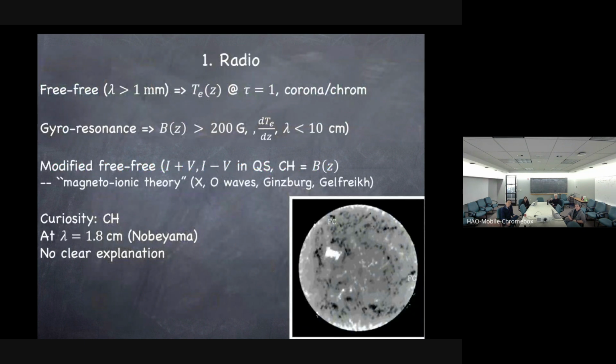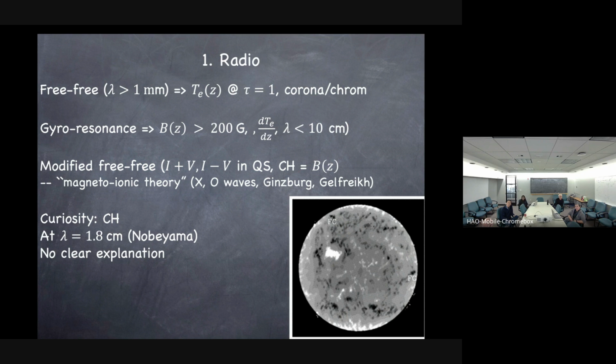In radio wavelengths, what have we got? We've got the components. Here we've got free-free emission. We know that because electrons are accelerated by collisions, and when electrons accelerate, they radiate.